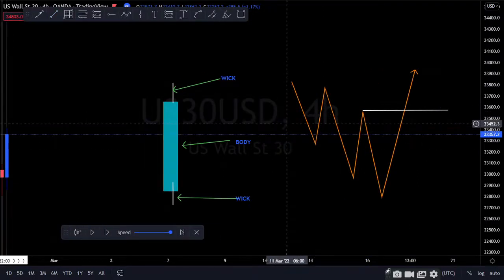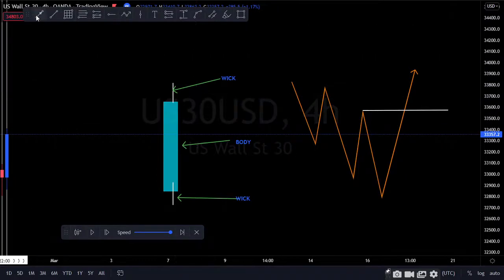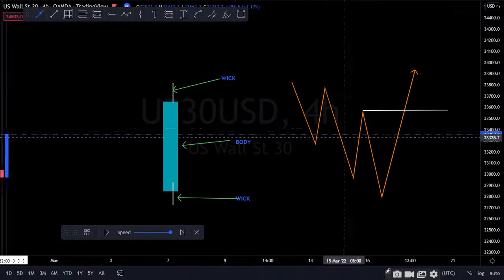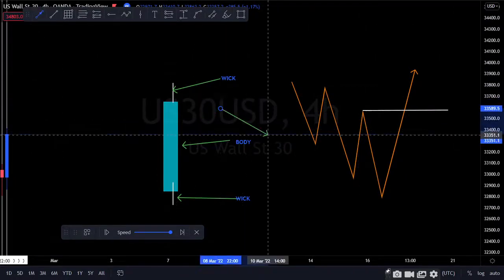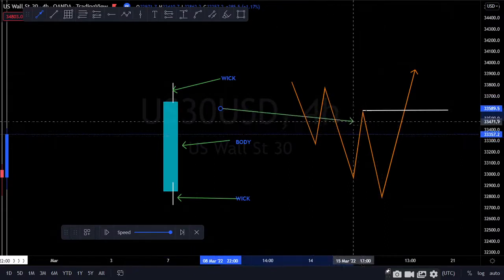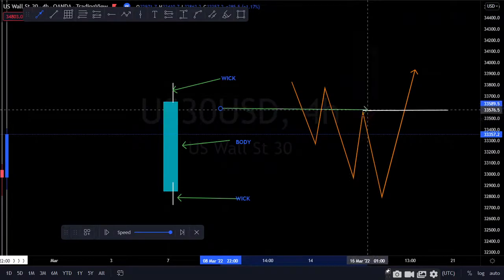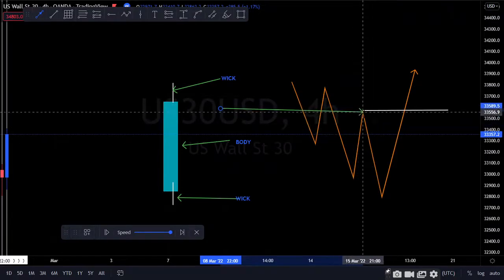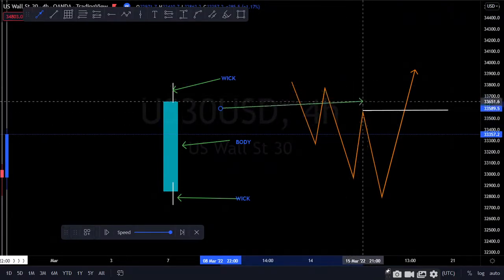But do you know something? The body of the candle must close above it, not the wick. You get it? So let's say you see a wick close above the lower high. That is not a BMS, it's a fake breakout. It is not a real BMS.